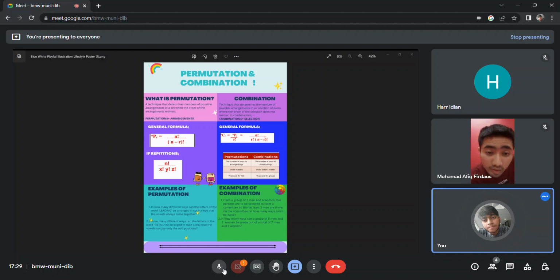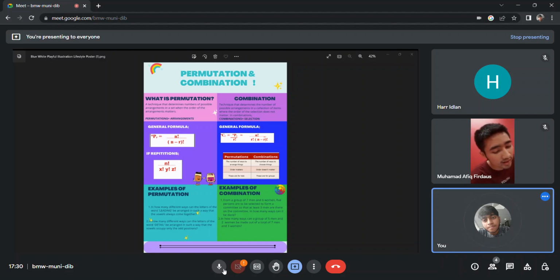Moving on to the examples. Example 1: in how many different ways can the letters of the word leading be arranged in such a way that the vowels always come together? For the solution, leading has 7 letters altogether. To solve this, tie the vowels together into one.